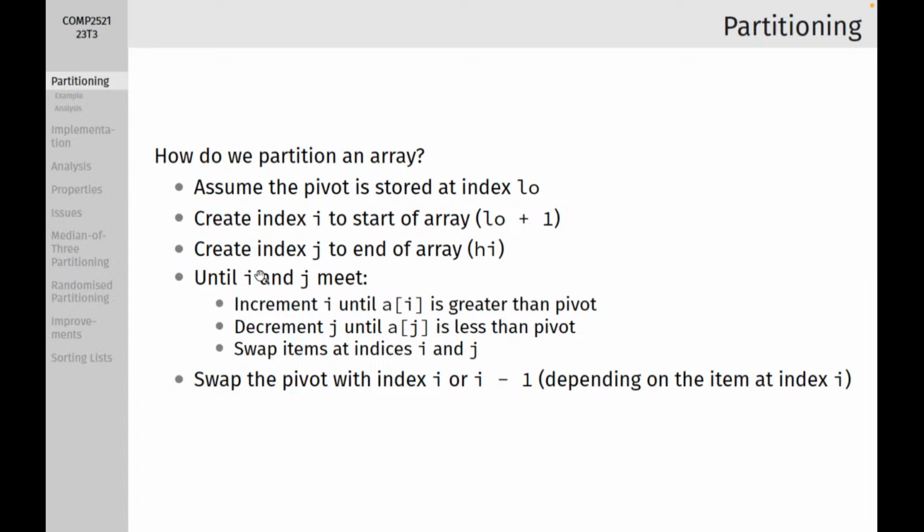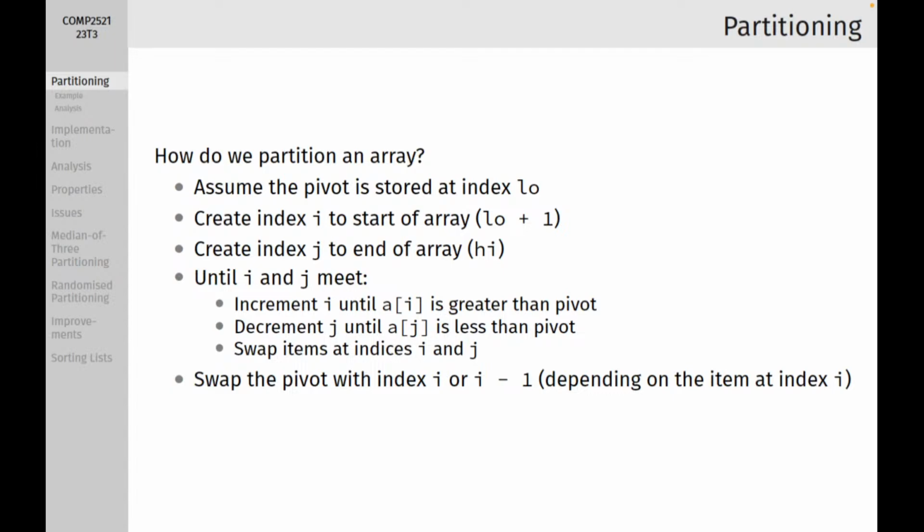Then we'll create two indexes. I is going to point to the start of the array, not including the pivot. The reason we put the pivot at the start is so that it's out of the way of everything else. So we create an index i at low plus 1. Then we create an index j at index high. If you can't visualize this in your head, we'll have an example right after this.